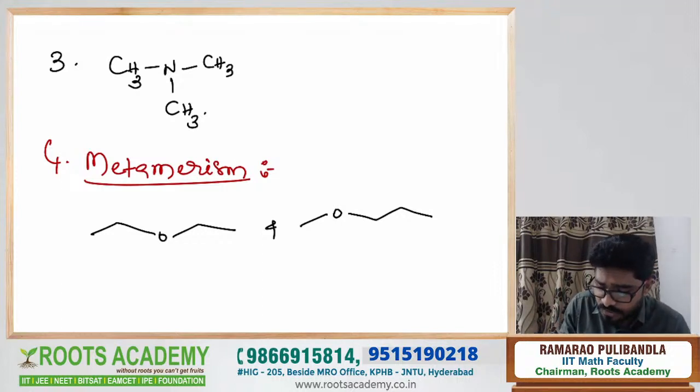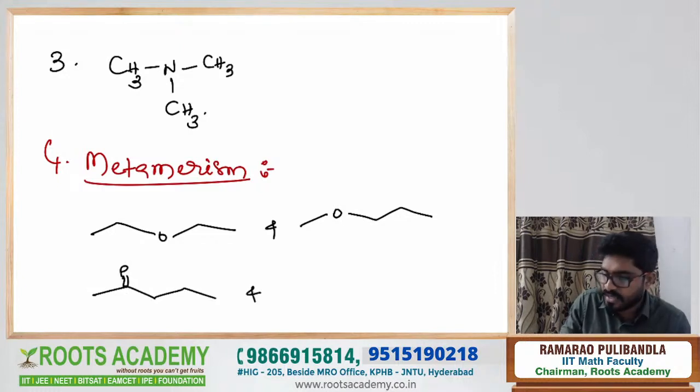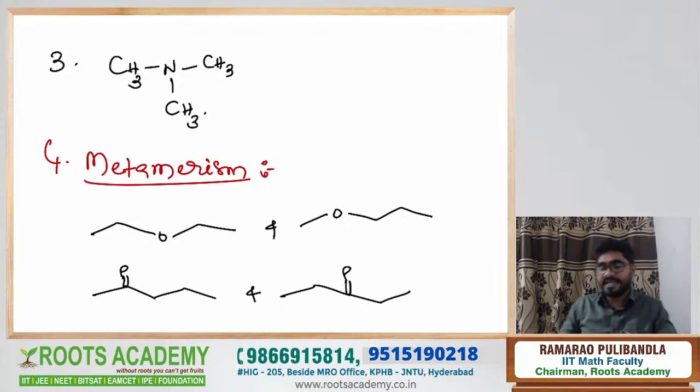Next, we can also write like this. See double bond O here, and this one. We can also take it. See double bond O, this one. So here methyl propyl, ethyl. I hope you are understanding.